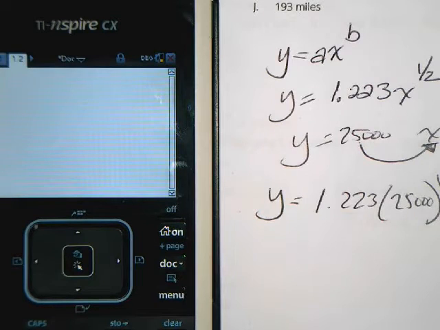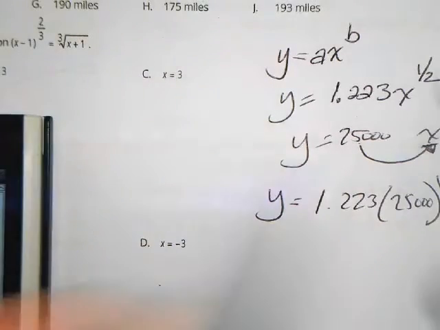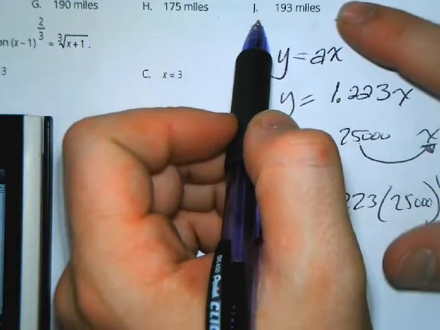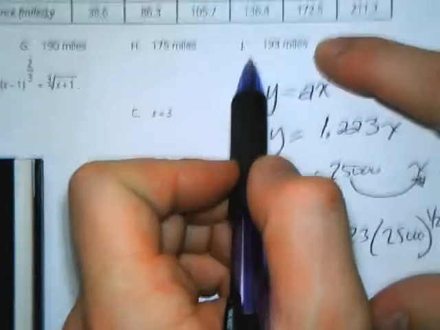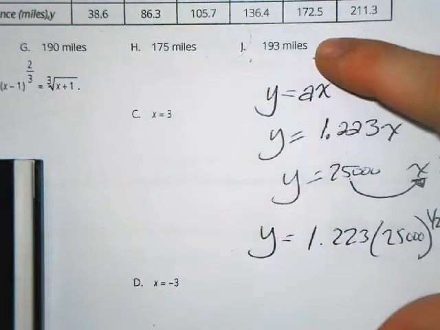So I can say 1.223 times 25,000 to the 1/2. It's going to give us 193.373 miles. We look over here, it says round your answer to the nearest tenth, and I think 193 is going to get us there.